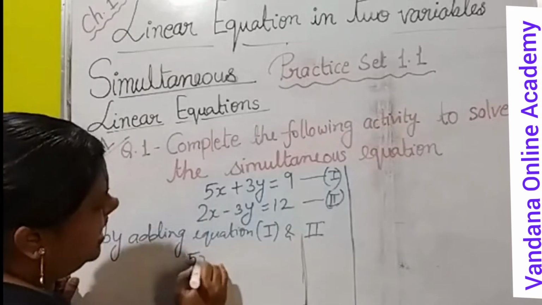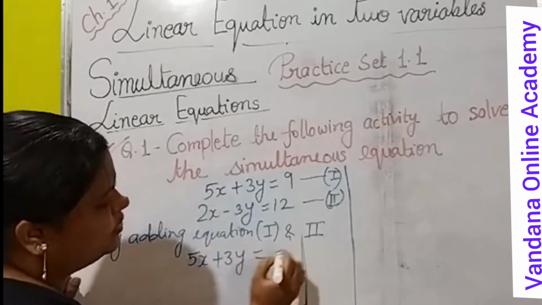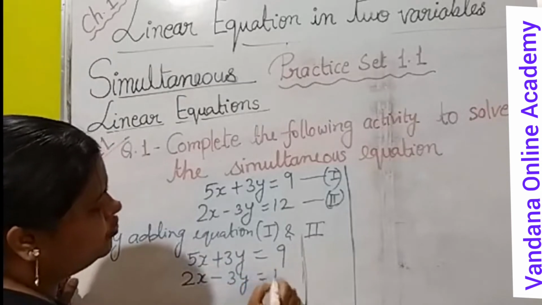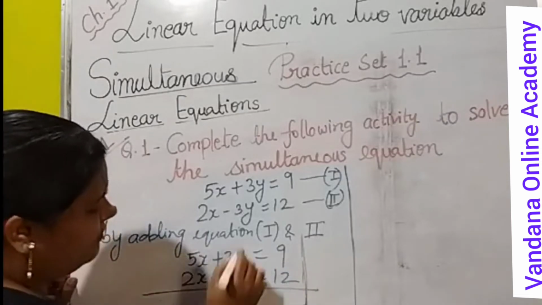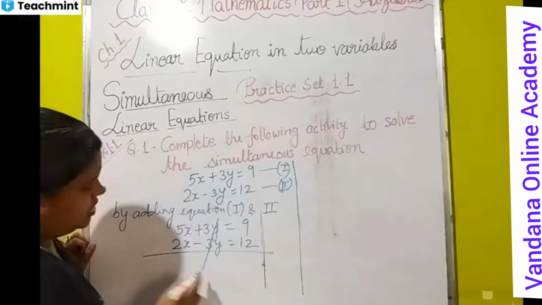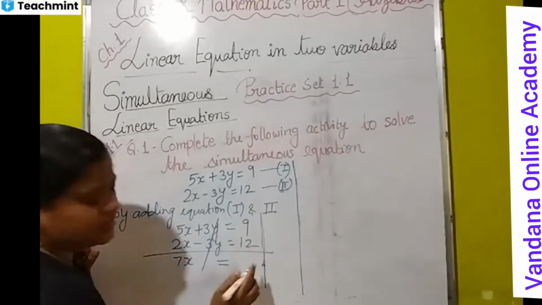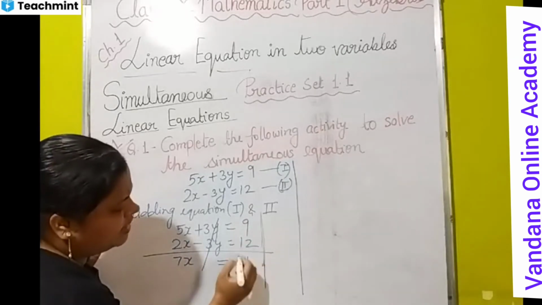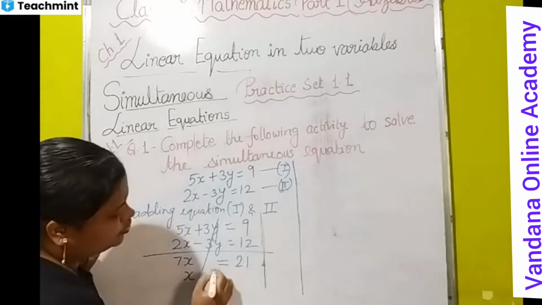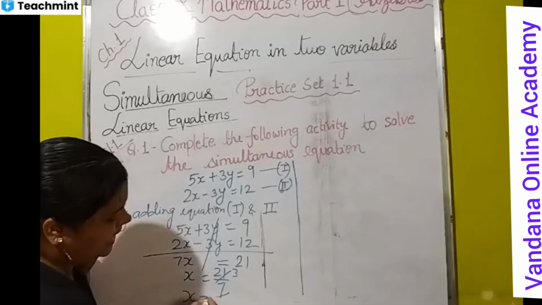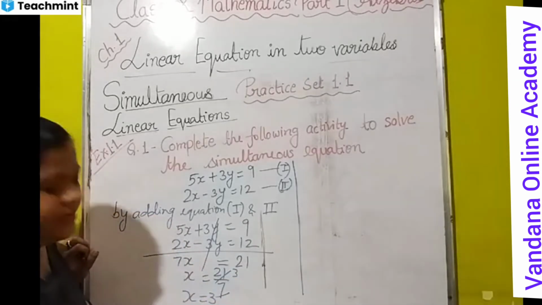So 5x plus 3y is equals to 9 and 2x minus 3y is equals to 12. So by adding, this will cancel out. Now 5 plus 2, this is 7x and 9 plus 12 is 21. So x is equals to 21 upon 7. So 7 3s are 21. So we get x is equals to 3.